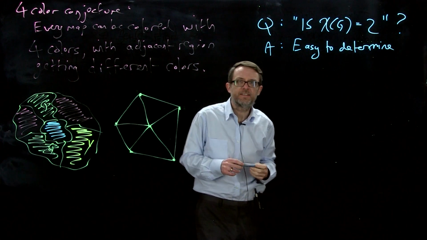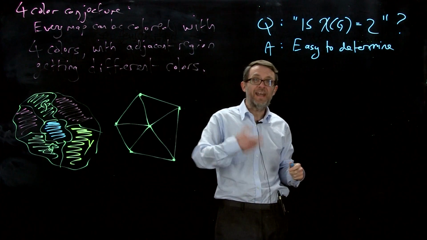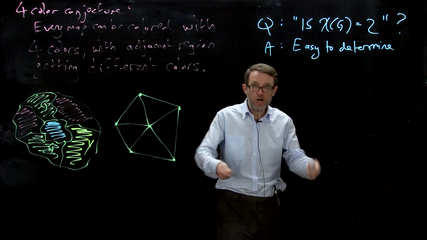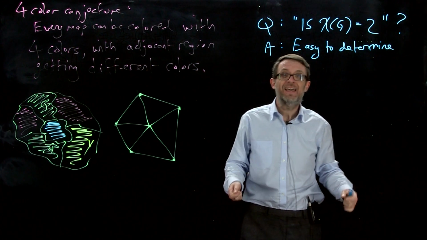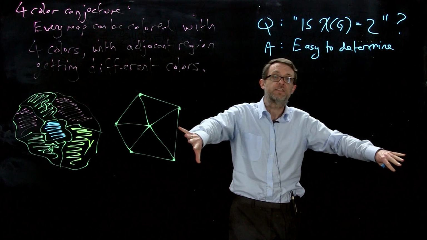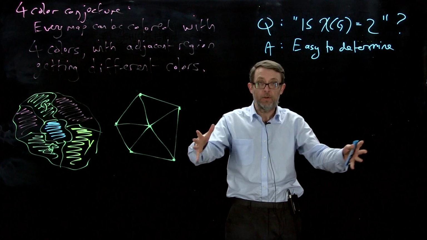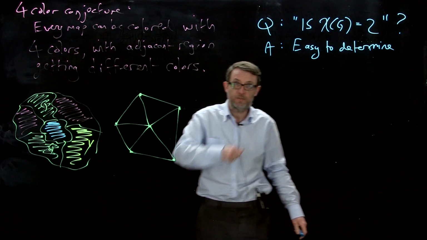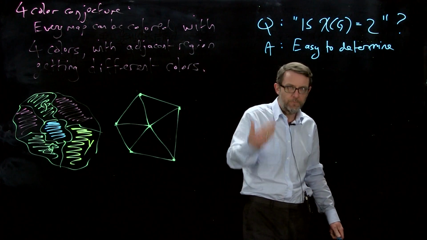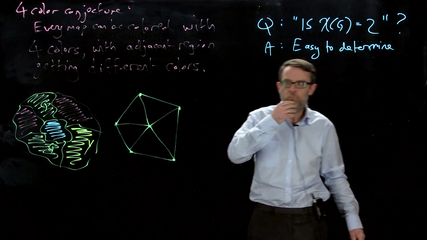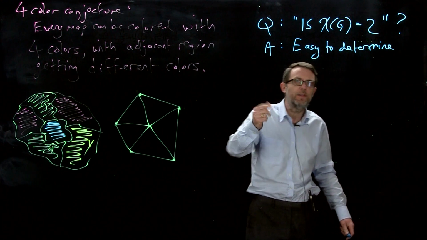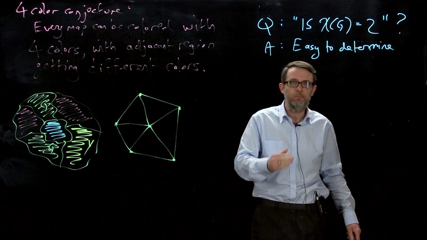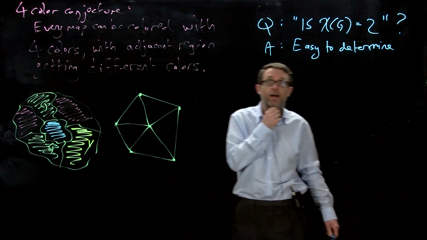Very easy means that you can run an algorithm that, given any input graph G, will return the correct answer to the question, can you partition the graph into 2 blocks so that all of the edges run between the blocks? In other words, the graph is bipartite. It will correctly return the answer to that question, either yes or no. And it will run quickly. It will run in a time that's more or less linear in the number of vertices, maybe quadratic in the number of vertices. But certainly, it will run in a time that grows polynomially as the size of the graph grows.